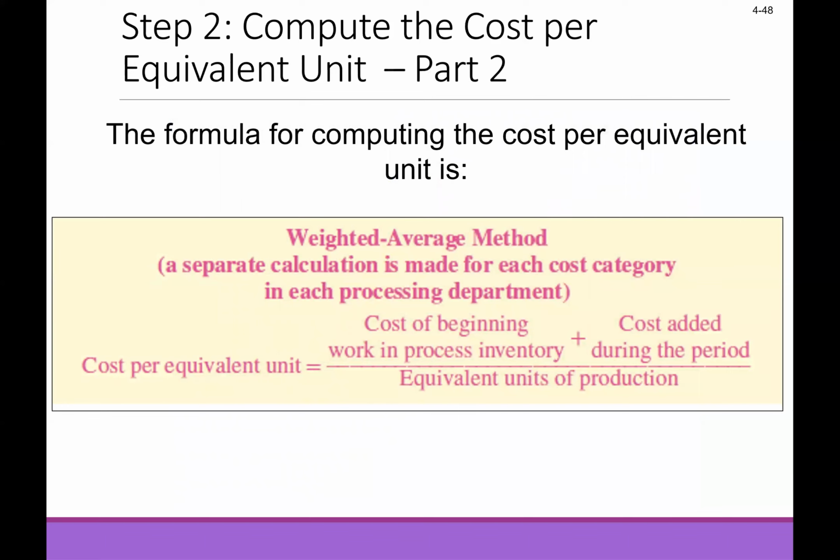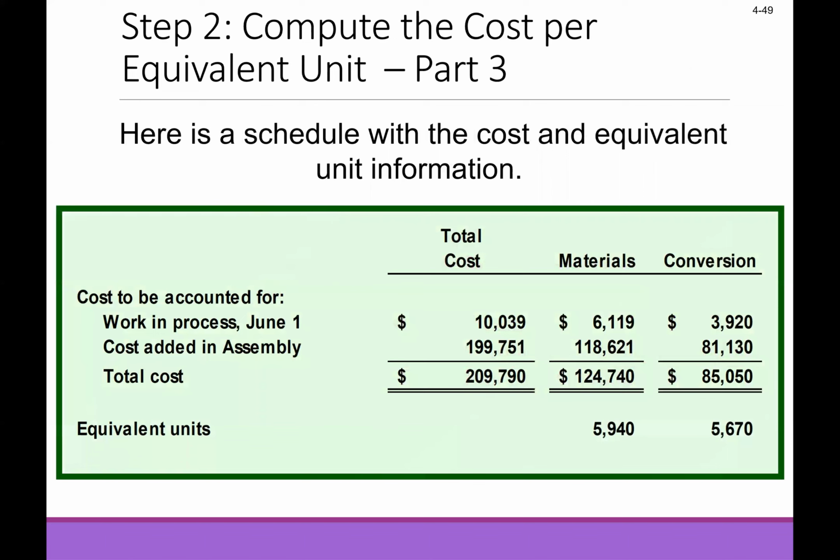So, to compute the cost per equivalent unit, we're going to take the cost of beginning work in process plus the cost added during the period, dividing that by our equivalent units of production to come up with a cost per equivalent unit. So we can compute this in dollar form.